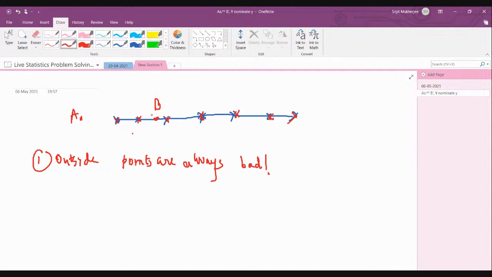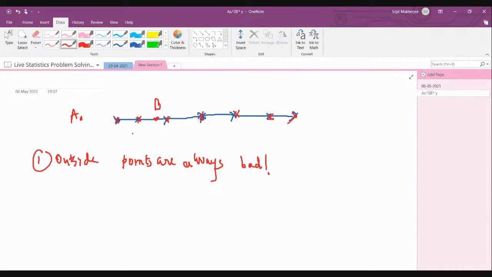If you take some point within the line and take the farthest point, the distance will be less than the length of the line. If you take some point outside the line and take the distance of the farthest point, it will always be greater than the length of the line.